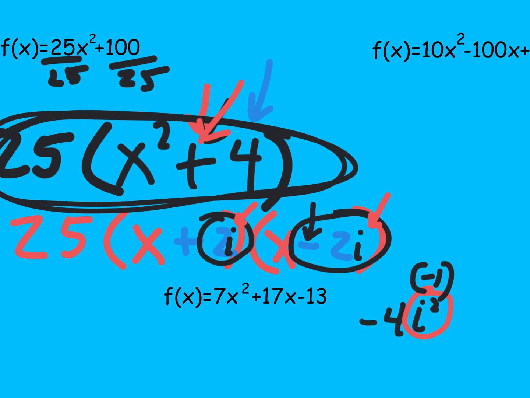A question? Yes? What value is i unsquared? i is equal to the square root of negative 1. So the mathematician who figured this out said, you know, we could actually solve these problems if we made up an imaginary number, which I know sounds like, yeah, come on, you're just making stuff up. But square root of negative 1, if you type it in a calculator, it'll say it doesn't work. It doesn't know how to do it.